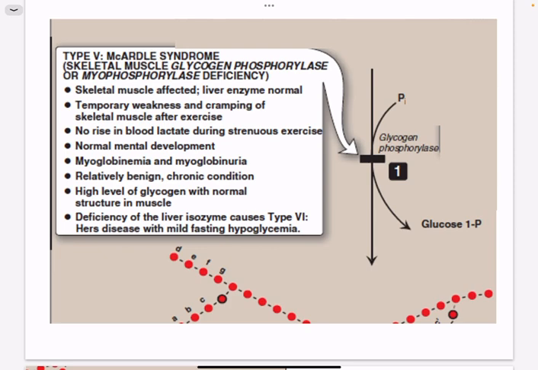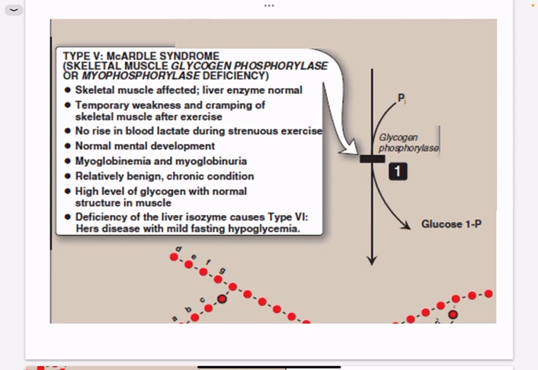Now we move to another disease related to muscles, glycogen storage diseases. I have two examples. McArdle syndrome is a deficiency of glycogen phosphorylase enzyme type 1, and these are the clinical symptoms. Skeletal muscles are affected while the liver enzymes are normal. Glycogen phosphorylase is defective, so glycogen will be stored in the muscle, causing a defect in muscle structure.